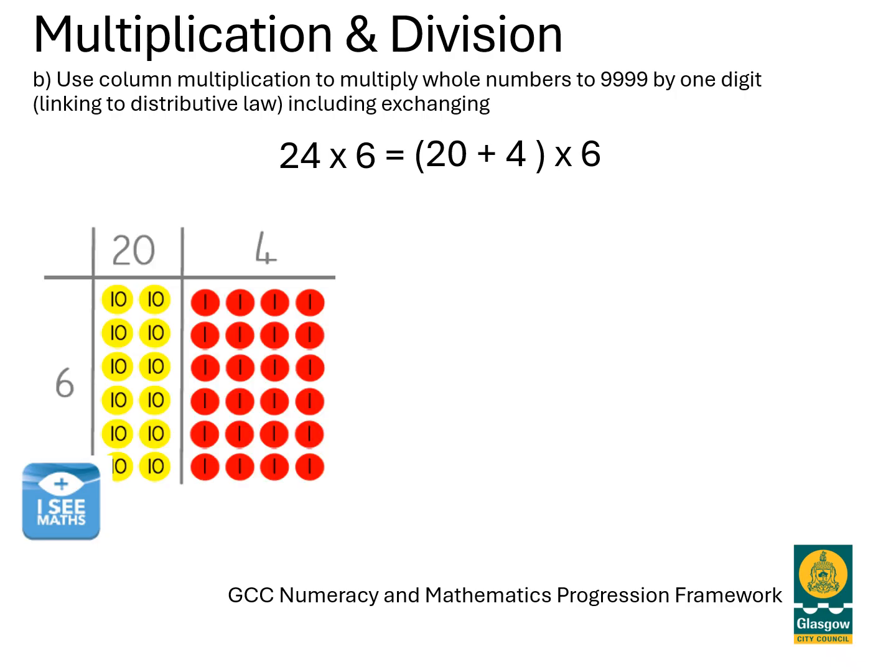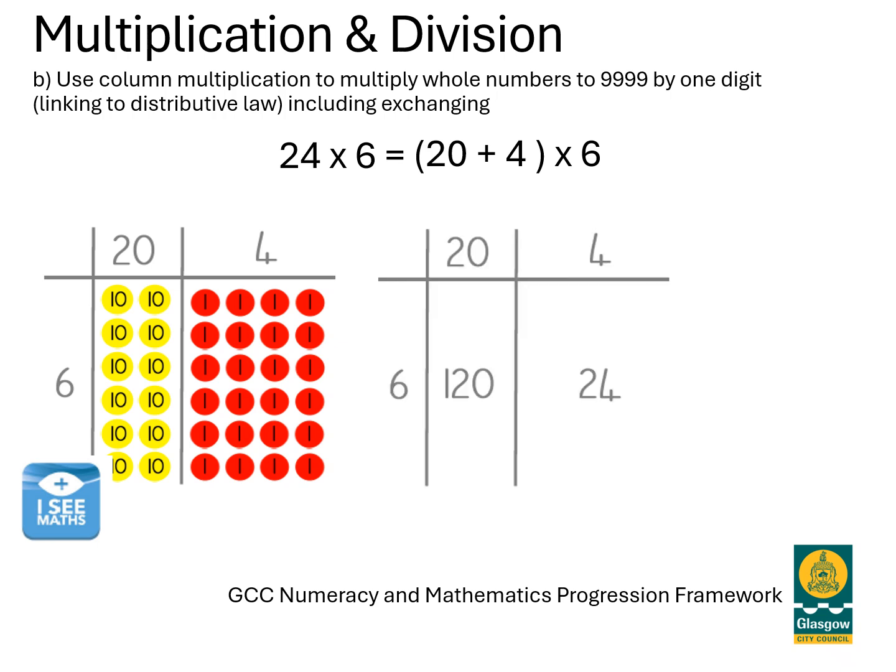Okay, so we can model that through, and in previous year groups we've worked with grid method and area models of this type. 6 times 20 and 6 times 4 gives us 120 and 24 to add together. And this gives us an answer of 144.